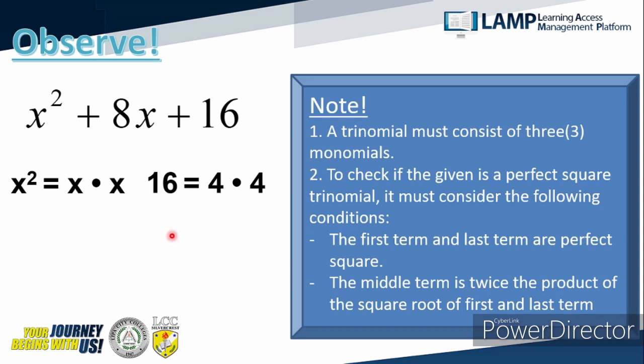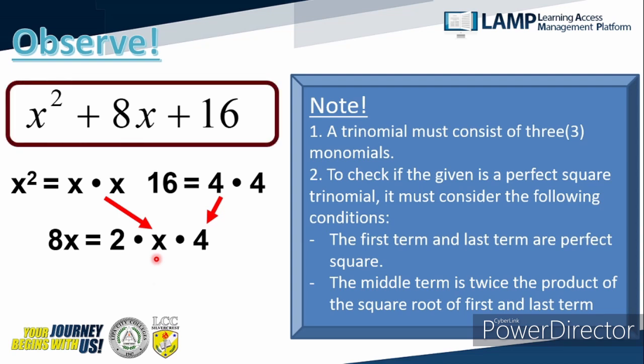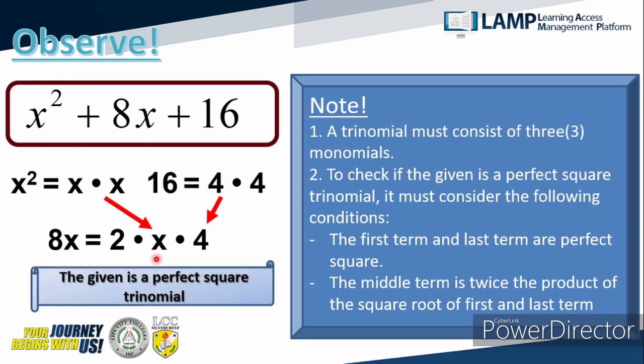Once we write that, we have 8x equal to 2 times x times 4, wherein twice means 2 times the product of the square root of the first term and the square root of the last term. Now, we can conclude that our given is a perfect square trinomial.